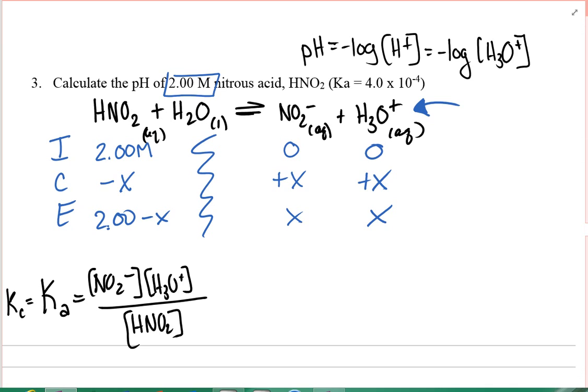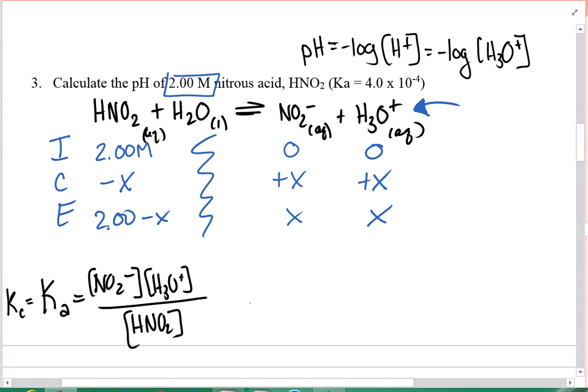Now let's take these values and substitute them into our K expression down here. We know the value of K is 4 times 10 to the negative 4. The top is x times x, so that's x squared, and the bottom is 2 minus x.